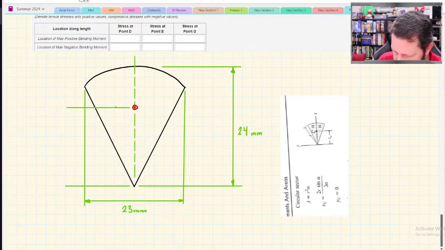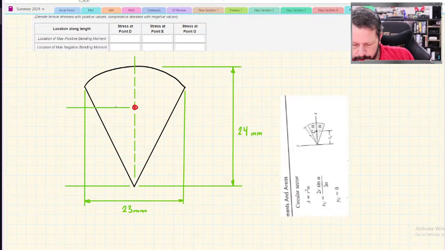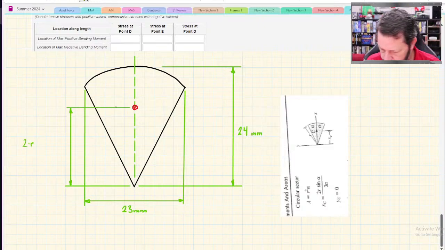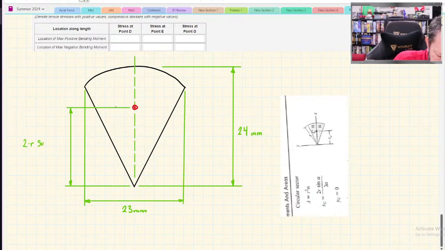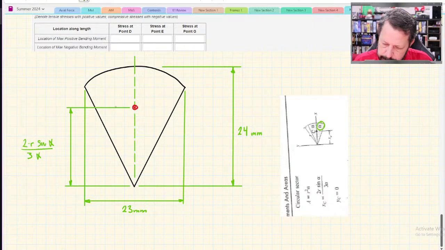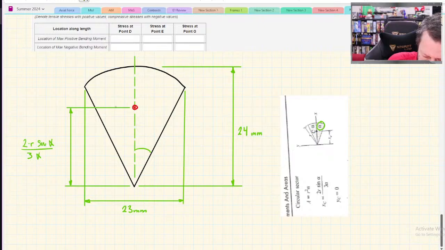And they tell us that it is, oh, it's weird, 2r sine alpha over 3 alpha. So that distance is 2 times r sine alpha over 3 alpha. And they say that alpha is half of our angle. So this is alpha. Okay.